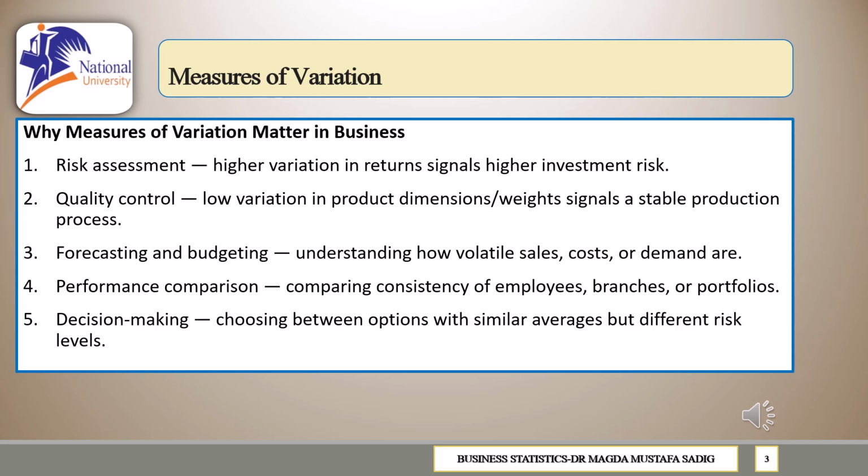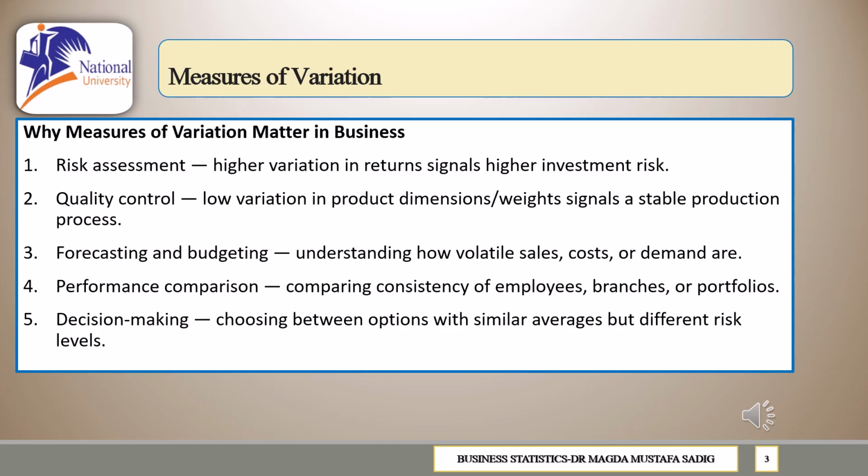Second, quality control. Measures of variation are very important in manufacturing. Suppose a company produces bottles that should contain exactly 500 milliliters. If most bottles contain between 499 and 501 milliliters, variation is low. This indicates a stable production process.